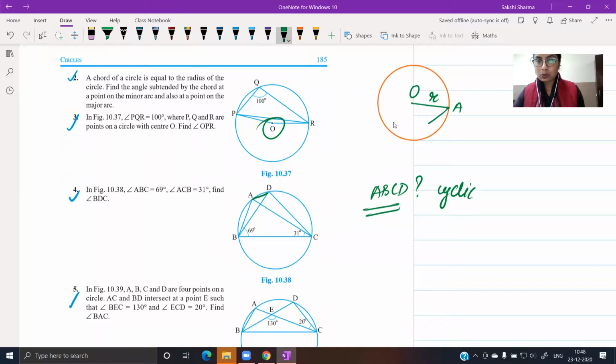So let's draw a chord AB and let it be equal to R. So this is the chord AB whose length is same as the radius of the circle. You want to find out what is the measure of the angle subtended by this chord on the minor arc and on the major arc. So you would like to mark points on the minor arc and on the major arc. I'm going to take a point P. This is on the major arc and a point Q on the minor arc.